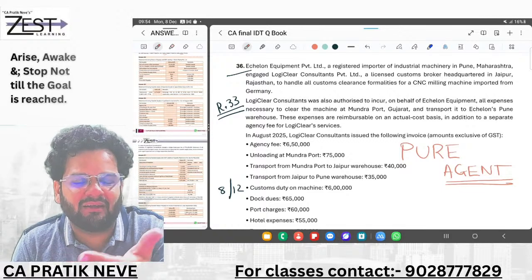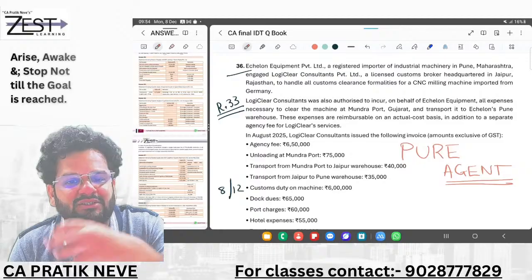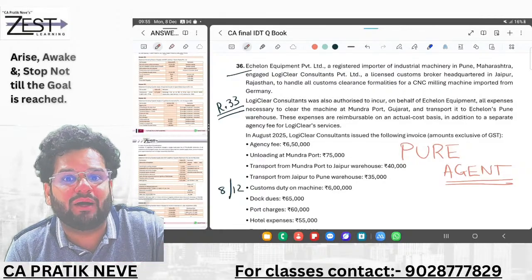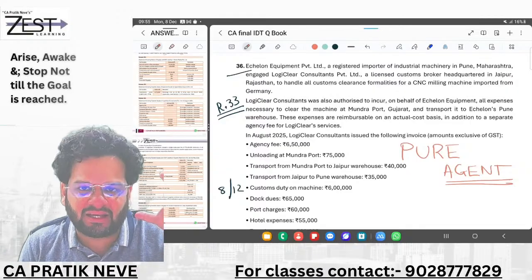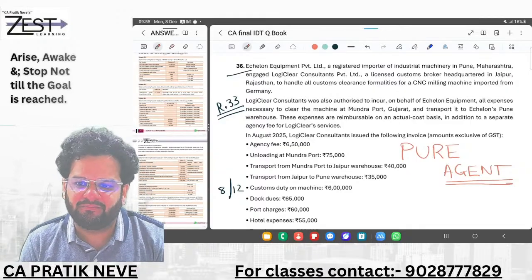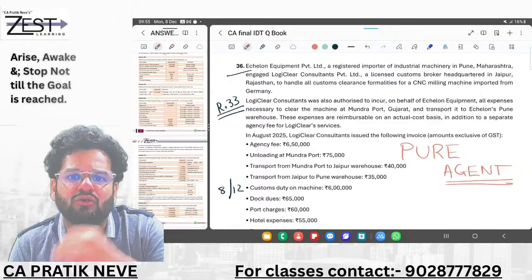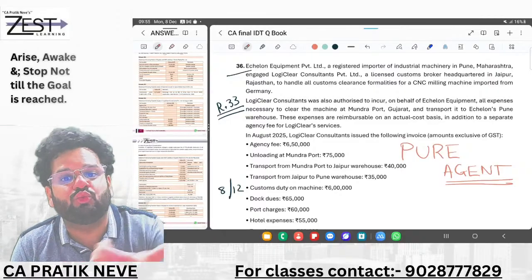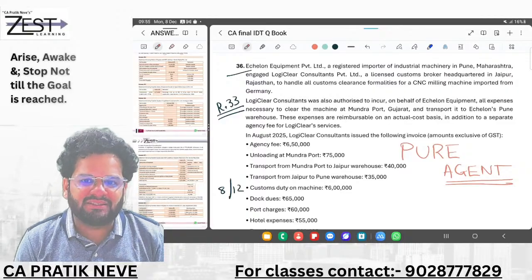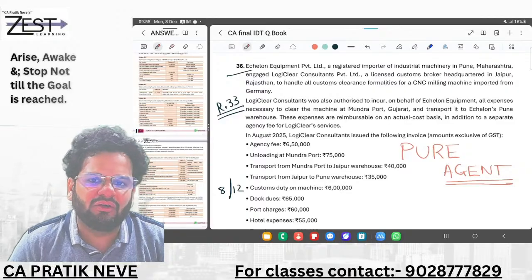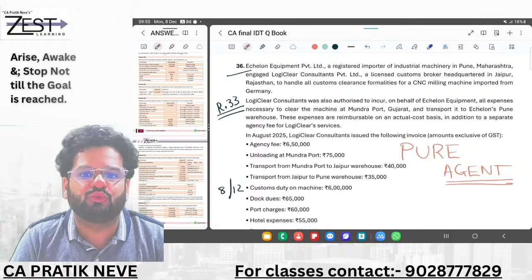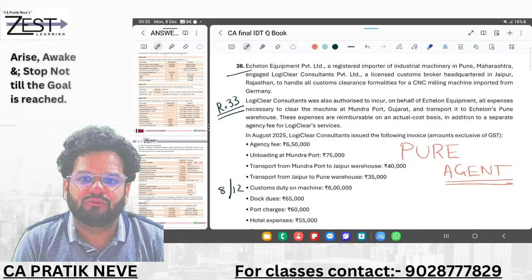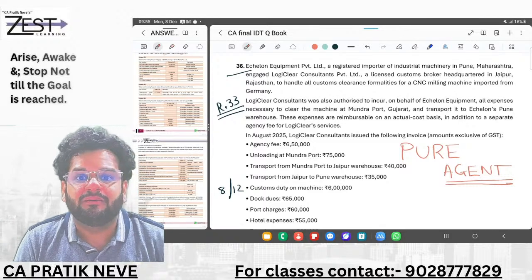Assume you are my client and I am your CA. I am calculating your advance tax. Your advance tax is say 1 lakh rupees. You are not in India, you are my trusted client. I pay advance tax for you, means I have your PAN and all. So I pay advance tax for you, from my pocket right now.